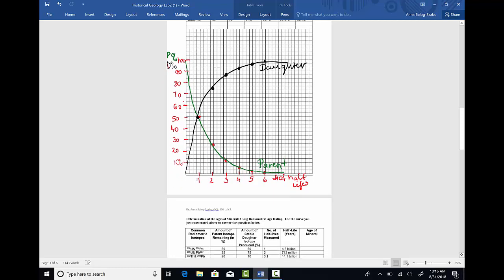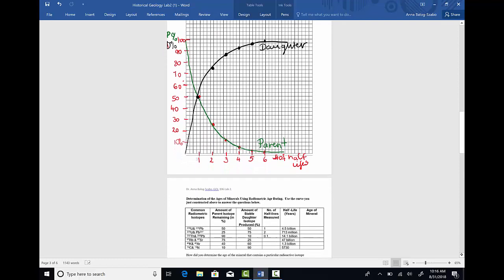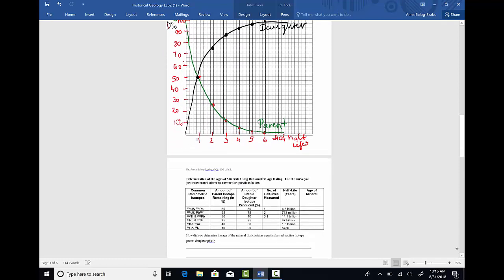So now the next thing we have to do is define the age of minerals using the curve we just constructed to answer questions. It's important that we use this curve to read off answers.